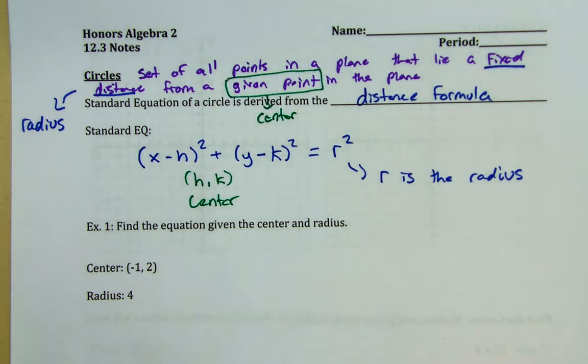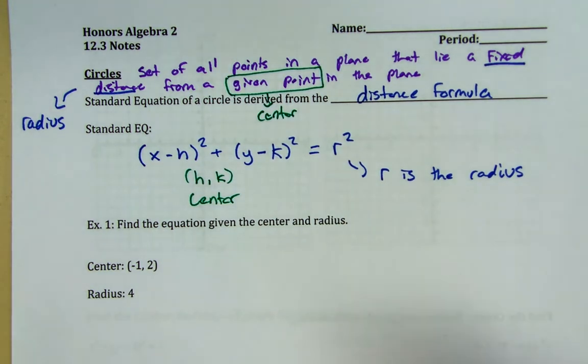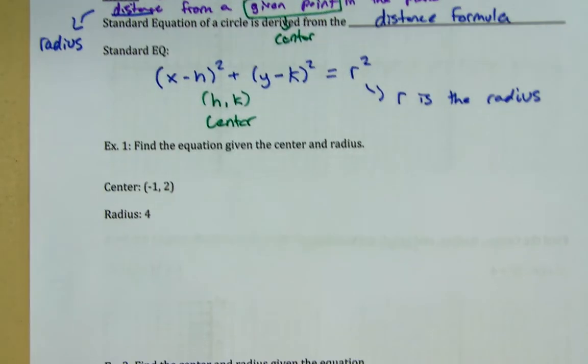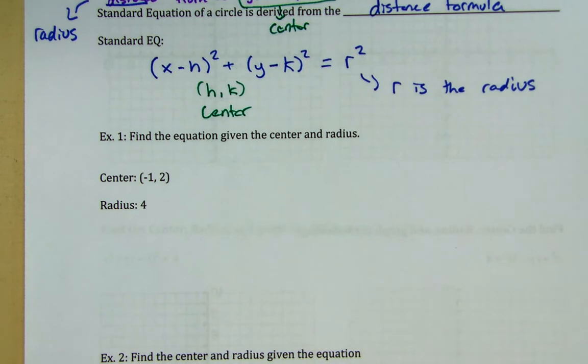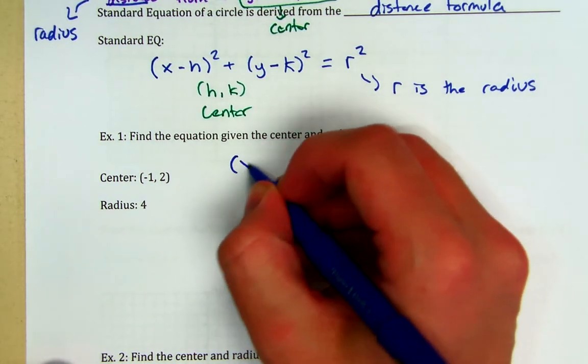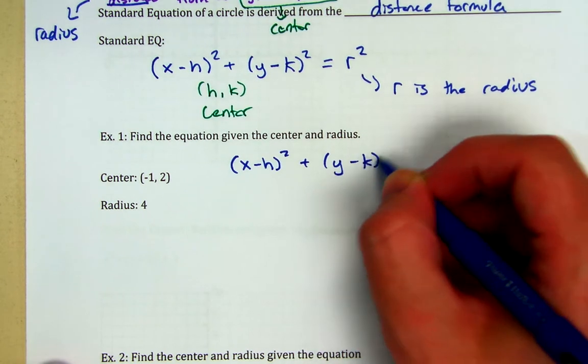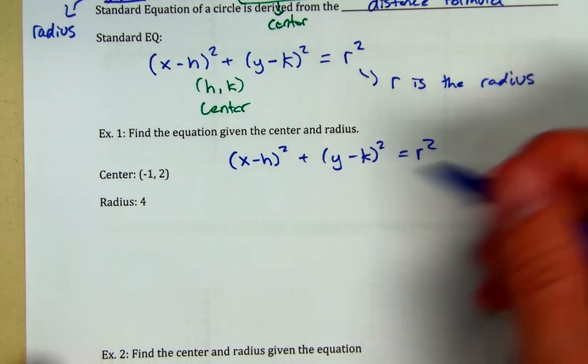For our first example, we have to find the equation given the center and radius. Given the center and radius, all you have to do is plug it in. Remember, we have (x minus h) squared plus (y minus k) squared equals r squared.